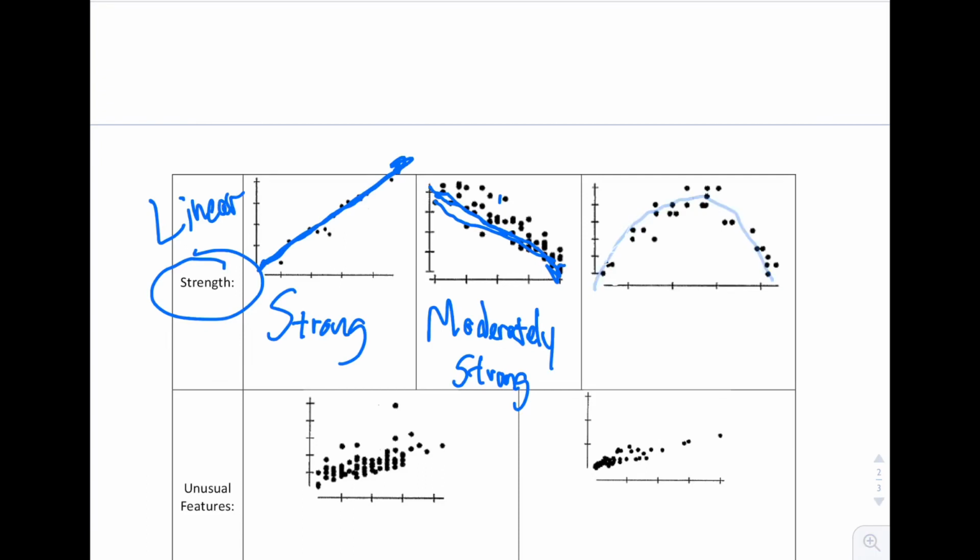Does it resemble a straight line? If I drew this line, this would be the line of best fit for this guy. You can see clearly here that this is not really a good linear relationship, right? We can see it's curved, it goes up then down. So we would say this is a weak association. Anything that's curved will be a weak linear association.